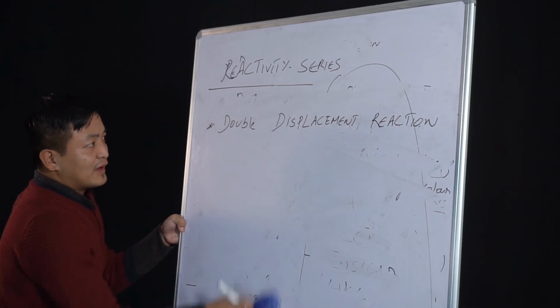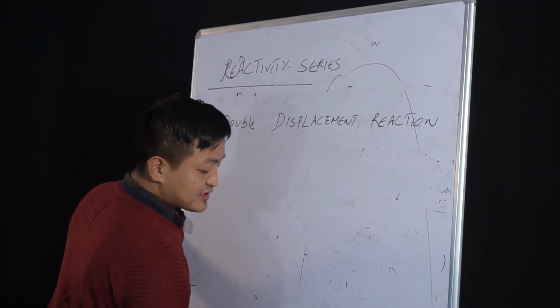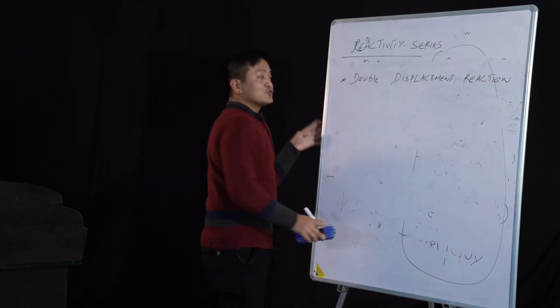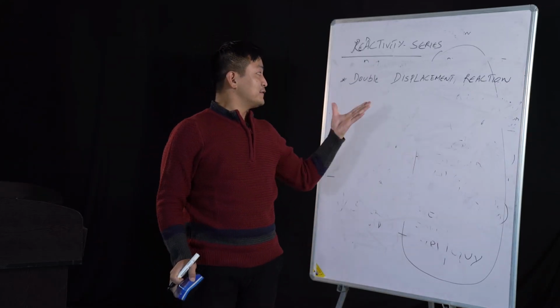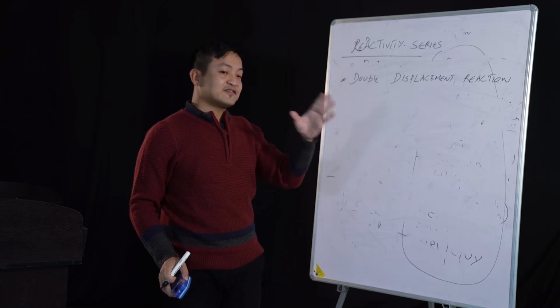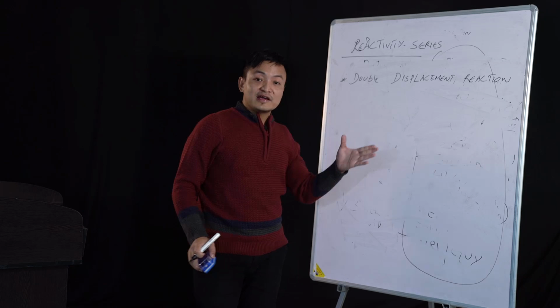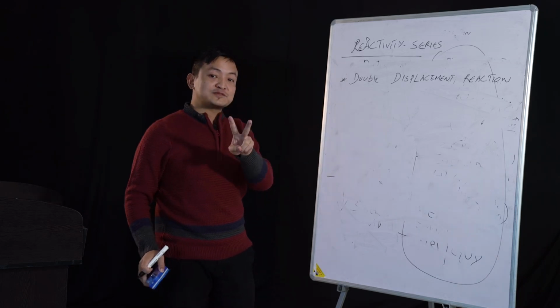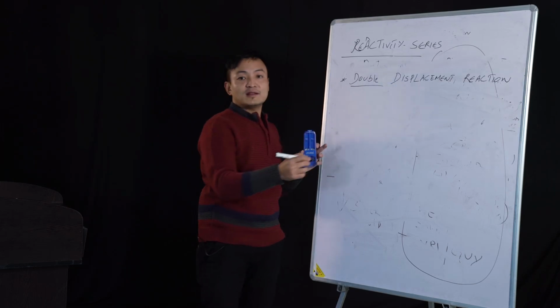So what do you get to see in a double displacement reaction? Now you have an idea about displacement reaction. It is where the highly reactive replaces the less reactive. So it is related, but now here two displacements are going to take place because the name itself says double.